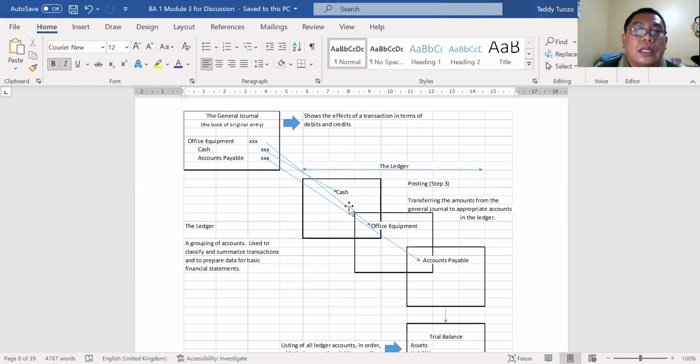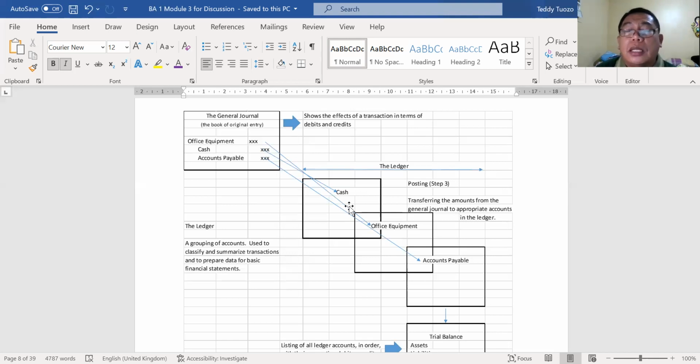So then it is posted to the general ledger. The office equipment is posted to the office equipment general ledger, the cash is posted to the cash general ledger, and the accounts payable is also posted to the accounts payable general ledger. Remember, in the general ledger, all accounts are assigned with a page in the general ledger.